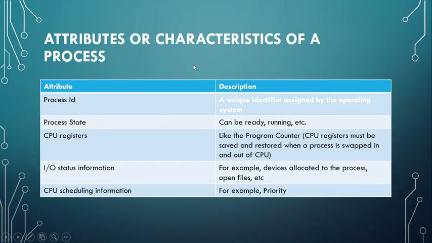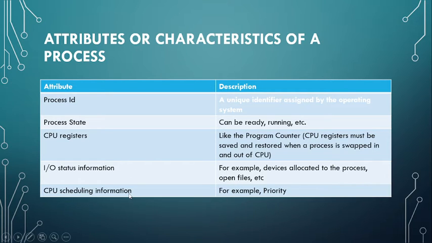And CPU registers, like the program counter. CPU registers must be saved and restored when a process is swapped in and out of the CPU, which is context switching. So CPU registers store the information about the processes. And input output information, for example, devices allocated to the process, open files, and so on.